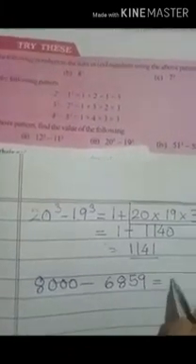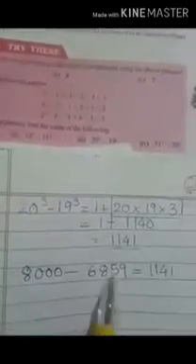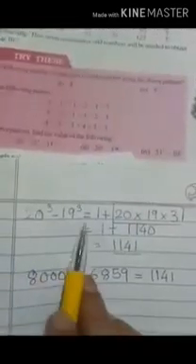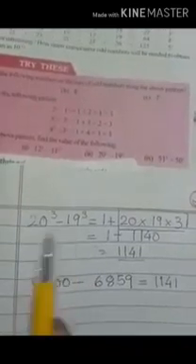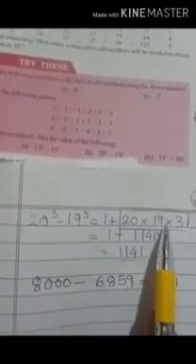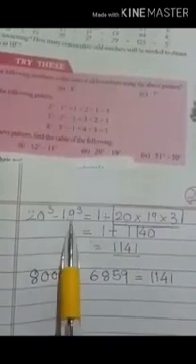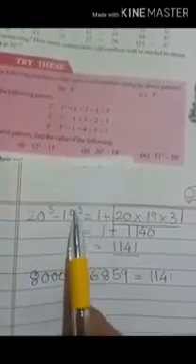And when you subtract these two, you will get 1141. So instead of finding the cubes, you can directly use this method. It is a simple method. Multiply these two numbers, multiply it with 3, like 20 multiplied with 19 multiplied with 3, and then add 1 to it, and you will get your answer.